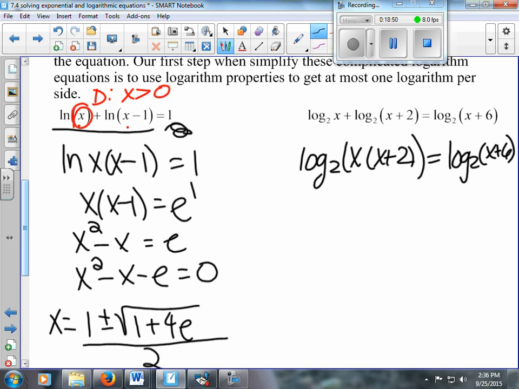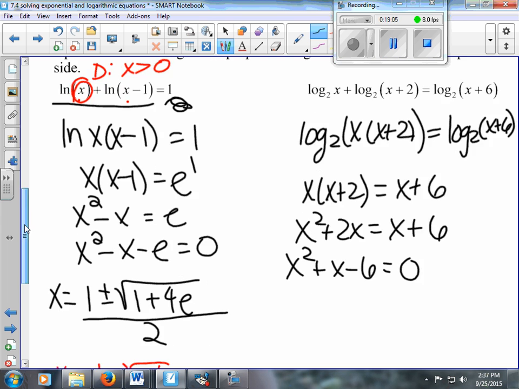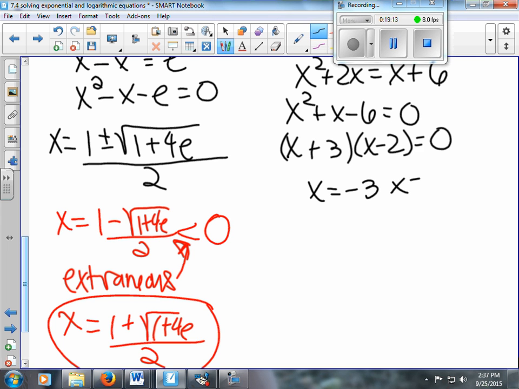You can drop the logarithms then. And now we have x squared plus x minus 6 equals 0. This one factors, yay. This factors as x plus 3, x minus 2. And I get the solutions of negative 3 and 2.